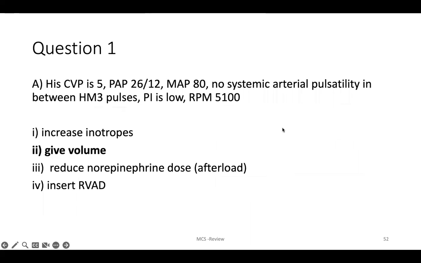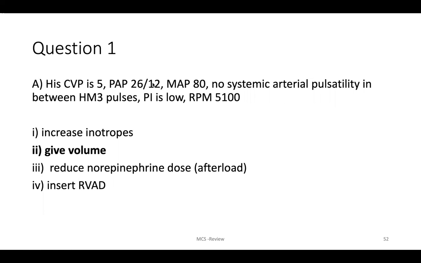So the way I would analyze that is, the first question, the MAP is okay. Here we do not have the pump flow, but we assume it's fine. No systemic arterial pulsatility and PI is low, meaning that it's either the contractility or the volume.